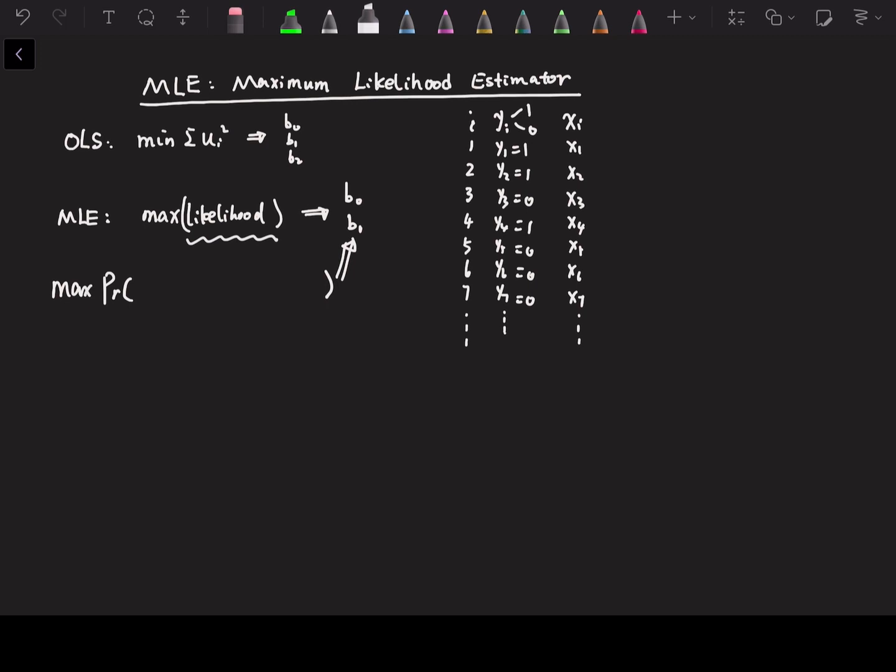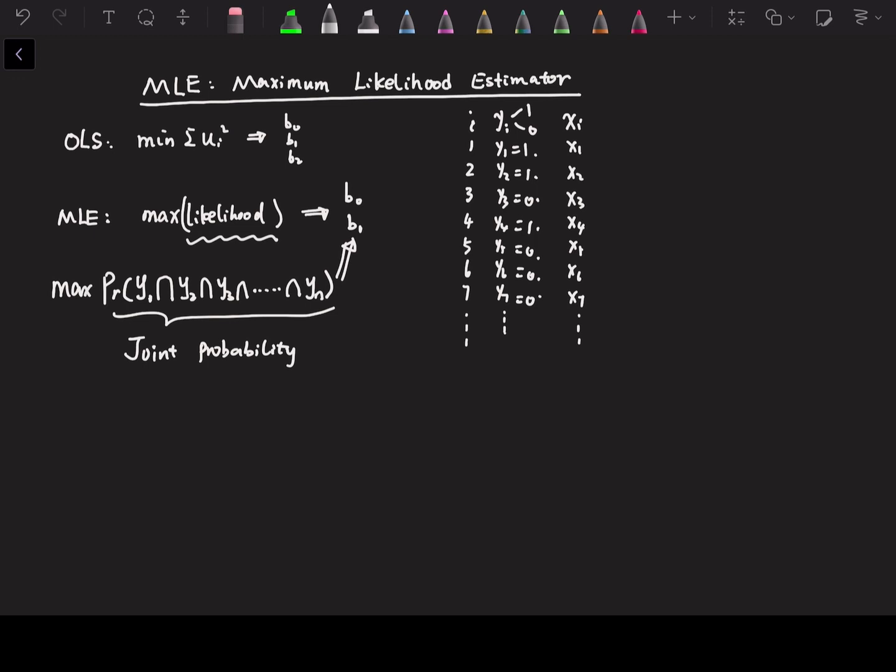Now this likelihood function inside is a joint probability. So let me write here, it is a joint probability. It's the probability of getting the values of Y you observed. I say the probability that you observe Y1, which equals 1, and intersect, right? Intersection. This means we find the joint probability, so that they happened at the same time. And you observe Y2, and you observe Y3, and all the way to Y sub n.